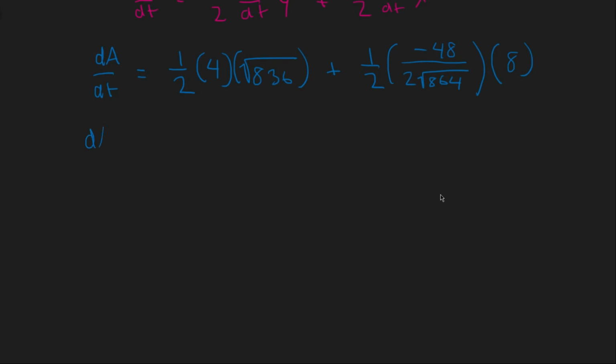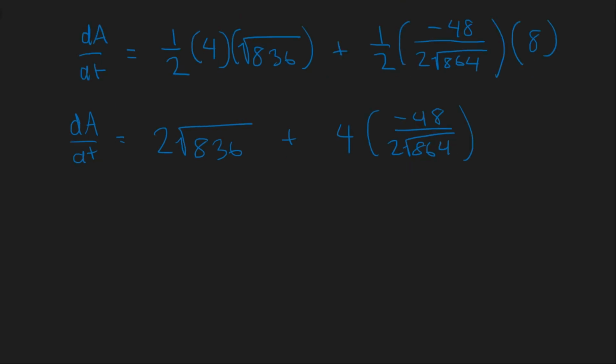So dA over dt is 1/2 times 4, which is 2 times root 836 plus 1/2 times 8 is 4 times negative 48 over 2 root 864. And for this one, I'm just going to plug this into a calculator.